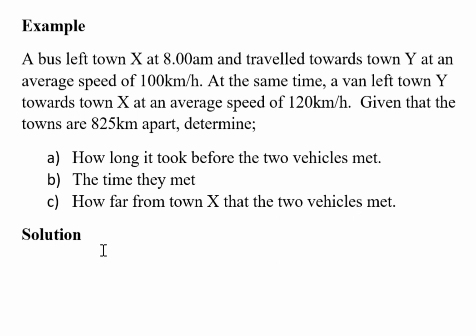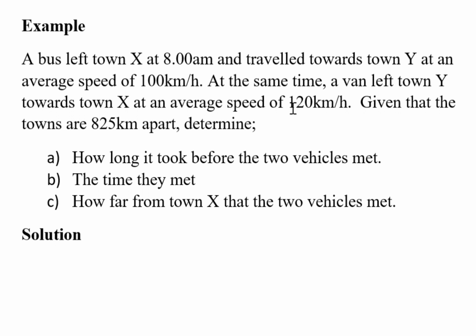So to do this question, we first of all need to calculate what we call the relative speed. We realize that in 1 hour, the bus covers 100 kilometers, that is its speed, while in 1 hour, the van covers 120 kilometers, and that is its speed. So if we add the two speeds, we shall get the relative speed.